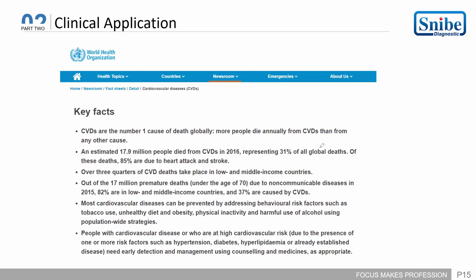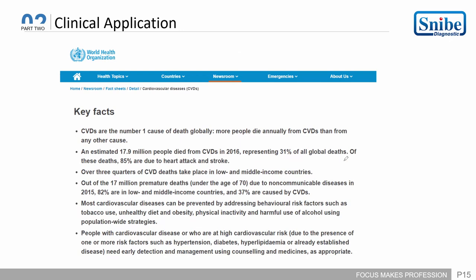More people die annually from CVD than from any other cause. According to WHO data, an estimated 17.9 million people died from cardiovascular disease in 2016, representing 31% of all global deaths.